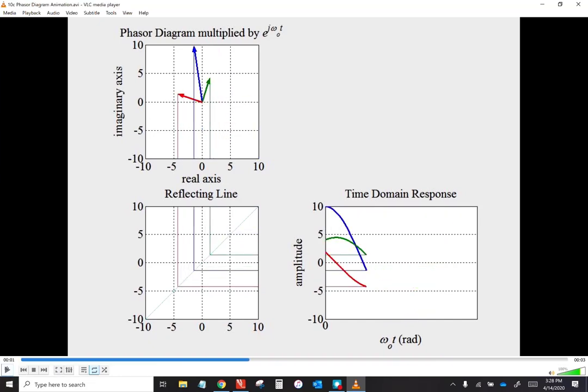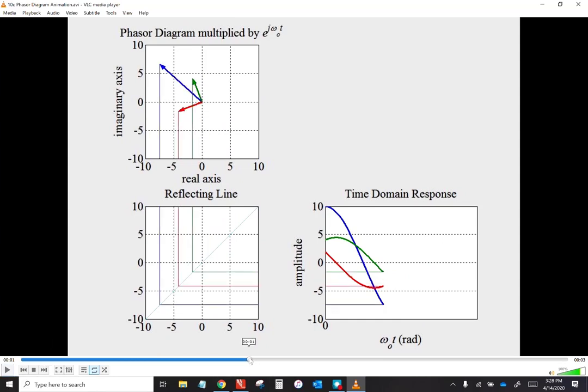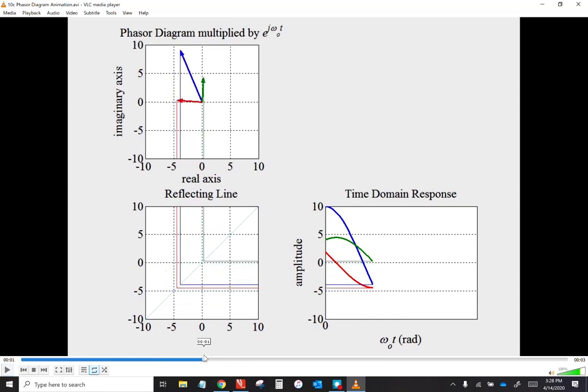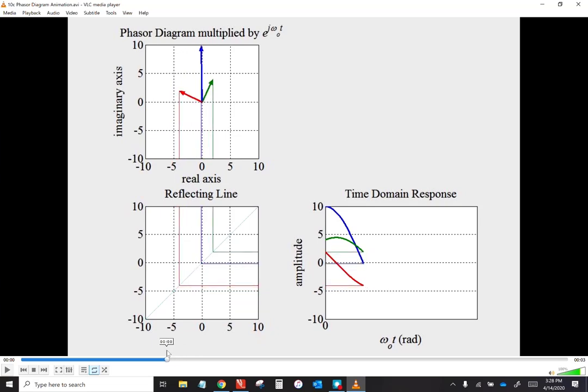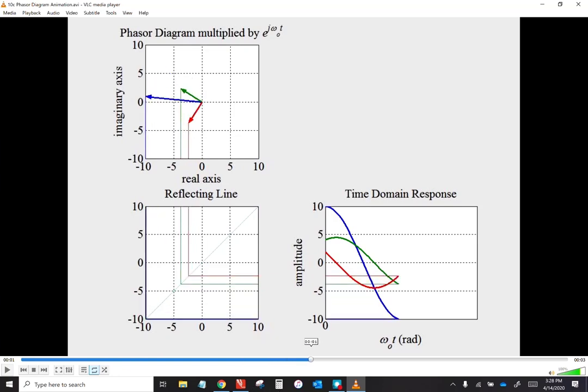And we can get to a point, for example, at this point here, the blue vector, its x-axis equivalent is 0. Sure enough, it is 0 on the x-axis. And go to another point where you get maximum amplitude for the blue. That's right around there.